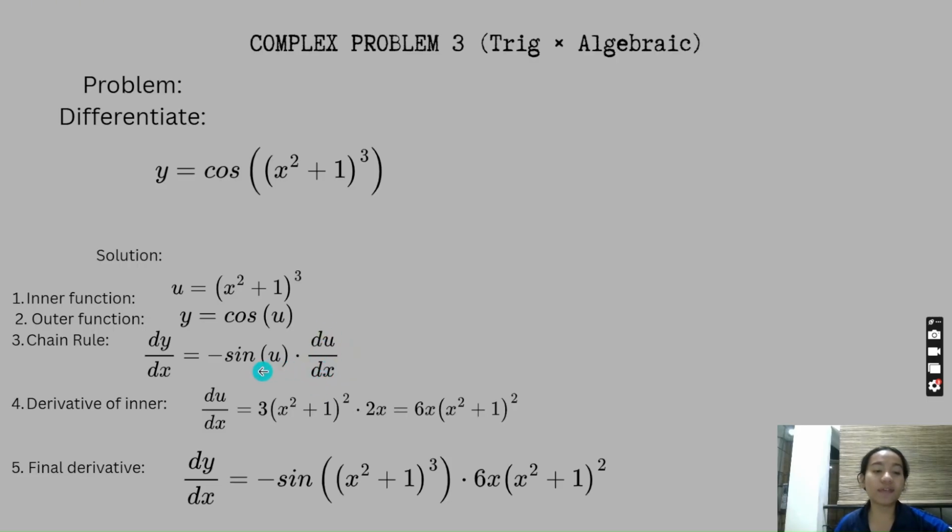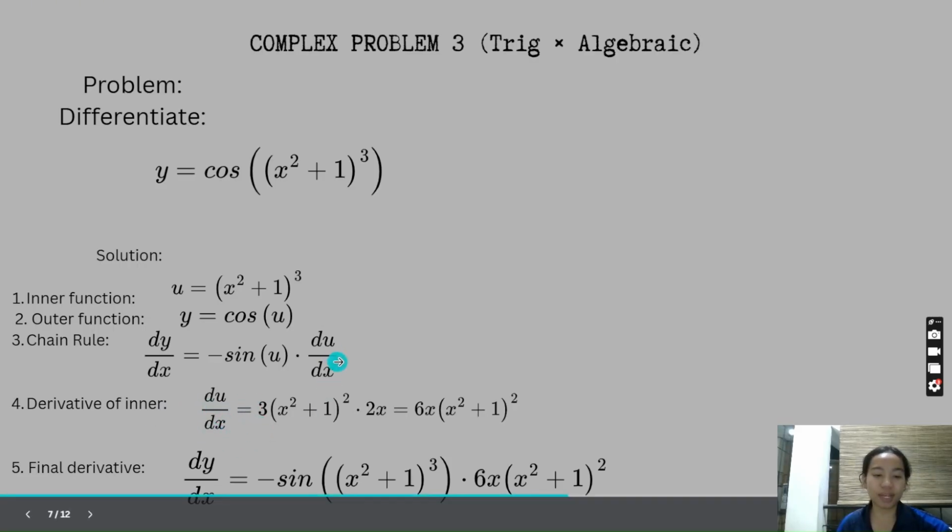So again, the derivative of cos is negative sine. Now we are going to get the derivative of the inner, which is represented as du over dx. So du over dx equals 3 times the quantity of x squared plus 1 to the second times 2x.